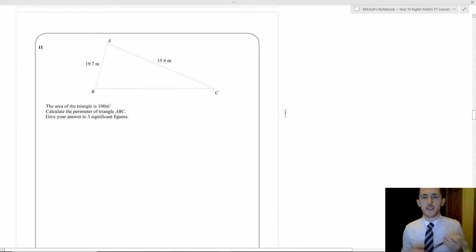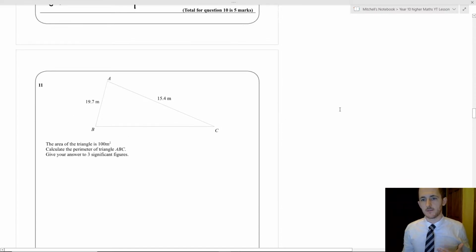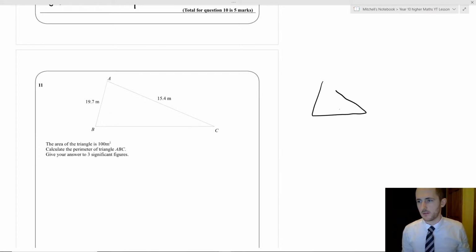So let's now talk about what the area of a triangle is when it comes to a triangle that isn't a right angle one. So if we have a look at just a regular triangle, okay, the formula for the area of a triangle is simply a half AB sine C, which Evie mentioned earlier.